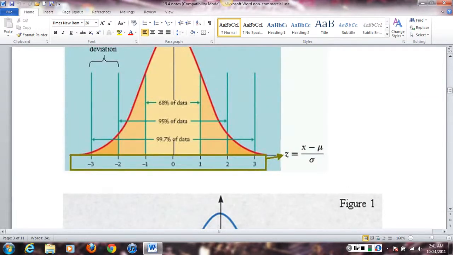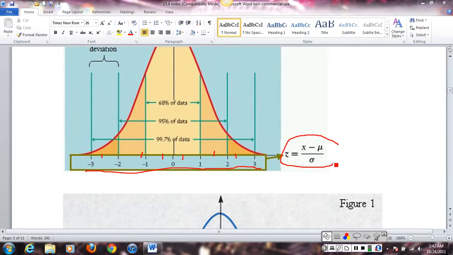So again, on z-score, let me draw it out. On this bottom line here, all these z-scores pinpoint specific spots along there. So specific spots along this lower axis are referred to as z-scores. And this formula is what tells us what those specifically are.